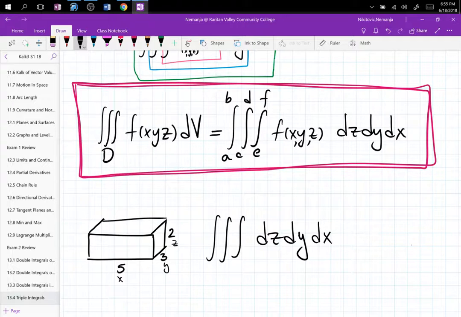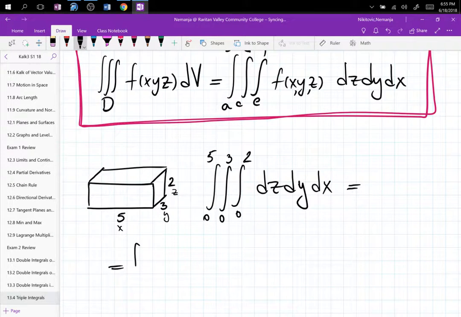The outer integral is x, going 0 to 5. The inner one is y, 0 to 3, and the z one, all the way on the inside, is 0 to 2.